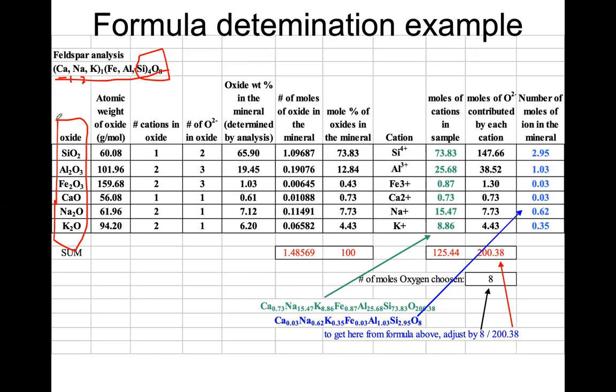Therefore, it's advised to determine oxide percentages rather than directly getting elemental compositions. These are in weight percentages, right?